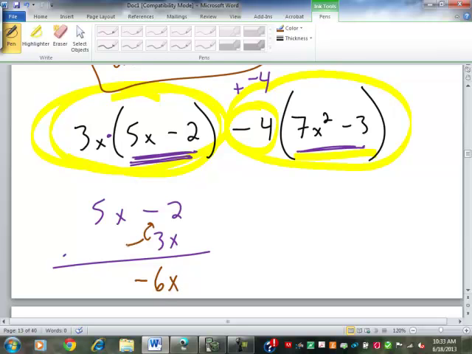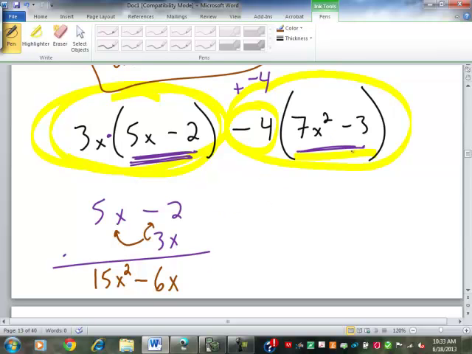Perfect. Negative 6x. 3x times 5x. Oops, careful. Positive 15x squared. Yeah, 3 times 5 is 15. I said 6. That's okay.